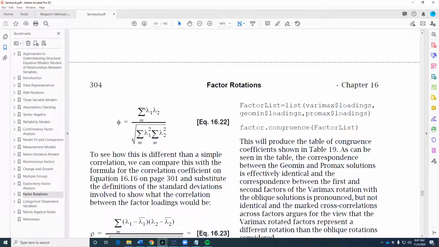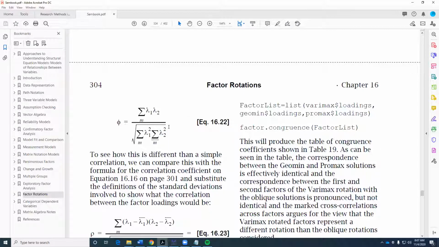Specifically, what I'm going to do is to take the loadings for one of my rotations and multiply it by the loading from another rotation for a given variable. And I'm going to add them up over all of my variables. And then down here in the denominator, I'm going to take each of the loadings for that variable squared, add that up over all my variables, and do the same thing for the loading squared for the second rotation.